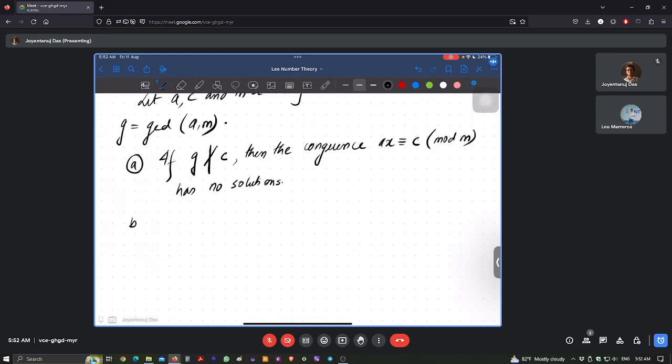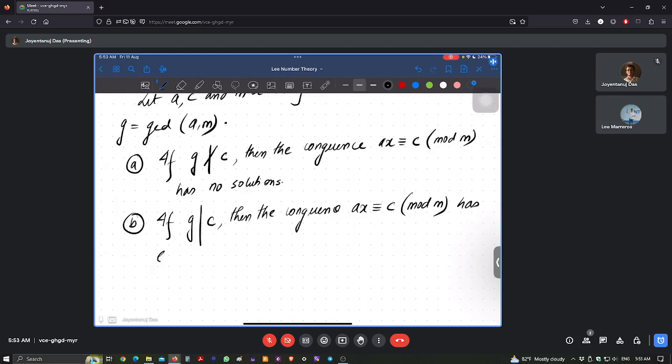And the second point is: if g divides c, then the congruence ax congruent to c mod m has exactly g incongruent solutions.